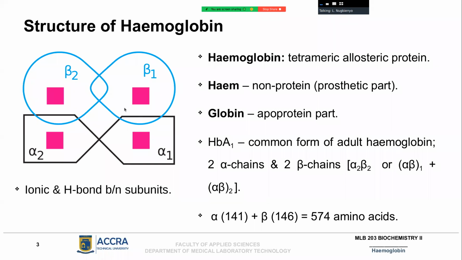If you remember your biochemistry from first year, you had looked at the secondary structure of proteins. And some of these structures you saw were alpha helix and beta sheets.